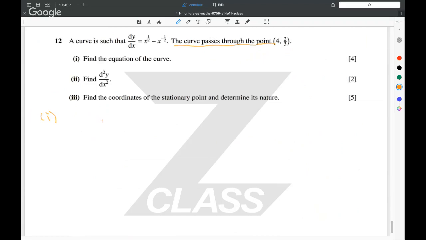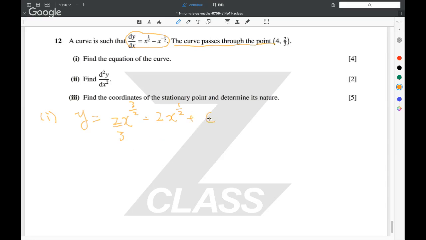So in order to find the equation of the curve, we first integrate both sides of the derivative expression to find y is equal to the integral plus a constant.